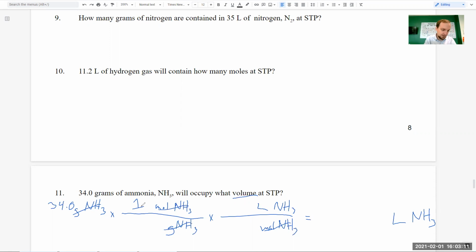Give me a second as I add up this mass. It is 17.031 grams. Again, that came from the periodic table of 1 nitrogen and 3 hydrogens added together. Then on the right side, the last conversion, I know that for every 1 mole, it is always 22.4 liters.